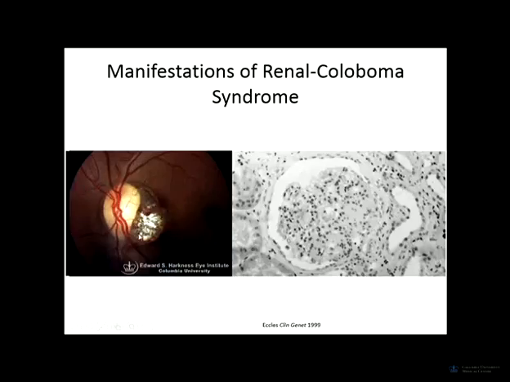It's this structure here, which is abnormal, which is an excavation in the optic nerve. This is like a bowl-type pouching out, where there's been a failure of the normal joining of different tissue types. And here in the kidney biopsy, there's a lot of mesangial scarring and fibrosis.